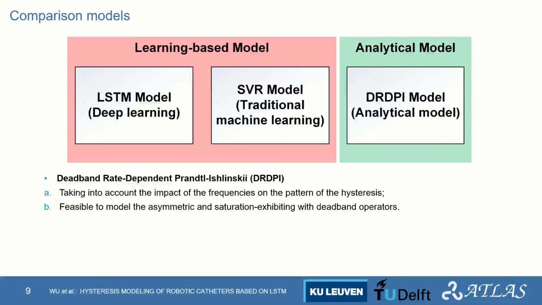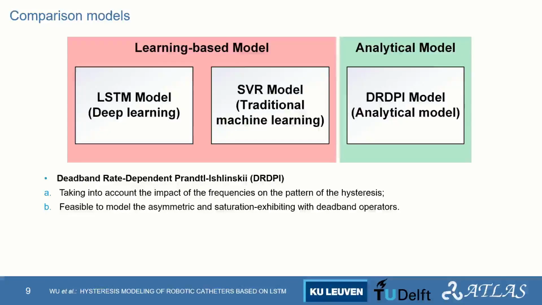In addition, deadband operators in this model allow it to model asymmetric hysteresis as well as saturation-exhibiting behavior that appears at the bottom of the hysteresis loops. Therefore, the DRDPI model is fully adapted to model the hysteresis that originates from the entire muscle-driven catheter system.